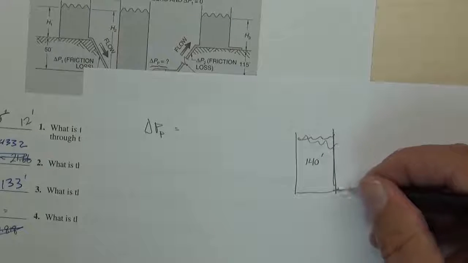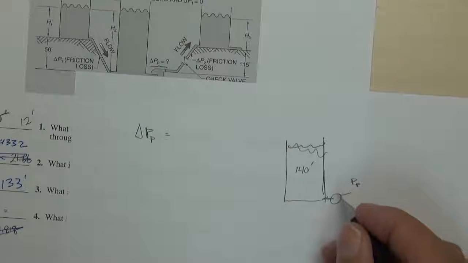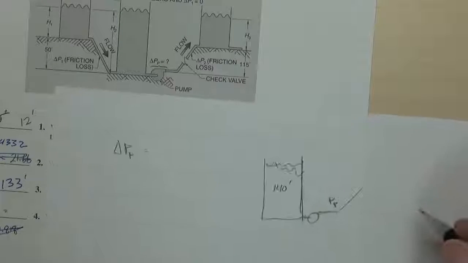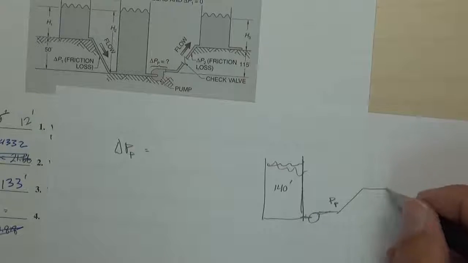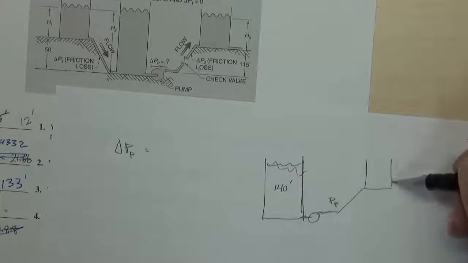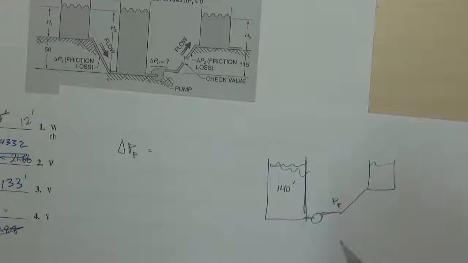And then over here we have some pump pressure. I'll call it P sub P. We don't know what that is, but we know it goes up a pipe. We know there's a friction loss. We know there's an elevation gain up to the bottom of the tank, and there's another hydrostatic head in the tank. So we've got to add those all up. So we really don't know this guy, but we do know this guy.